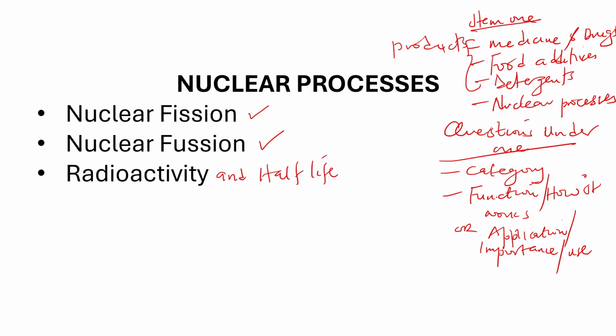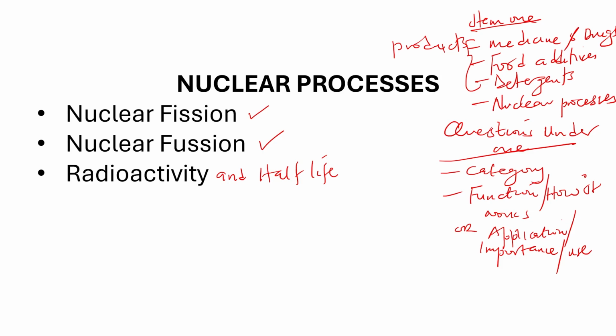So function, for example, if you are talking about nuclear fission, you can say nuclear fission occurs when a neutron is bombarded onto a heavy nuclei like uranium-235. So that's when you are describing how it works or the function. But when they say state the use, you will say nuclear fission is used in generation of electricity.